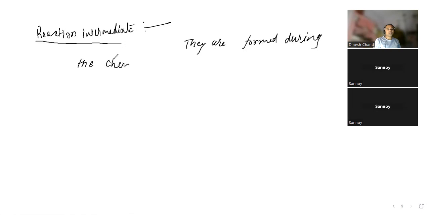Reaction intermediate means they form during the chemical reaction, after the reactant and before the product.